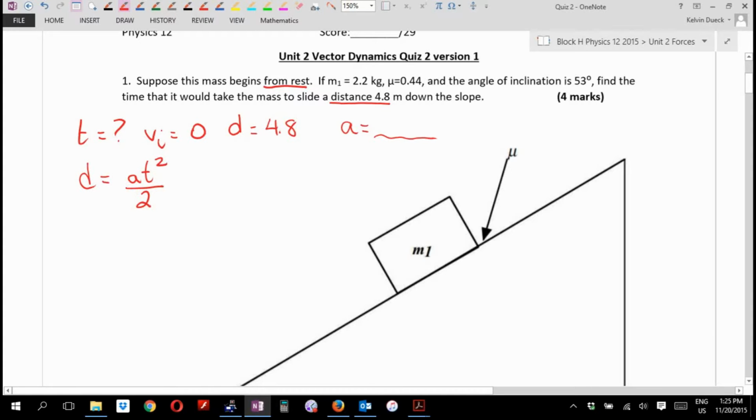What happened to the v i t? Okay. I could then say t equals 2 times d.